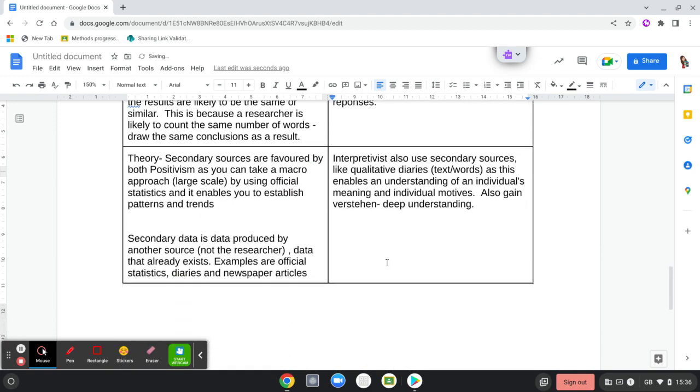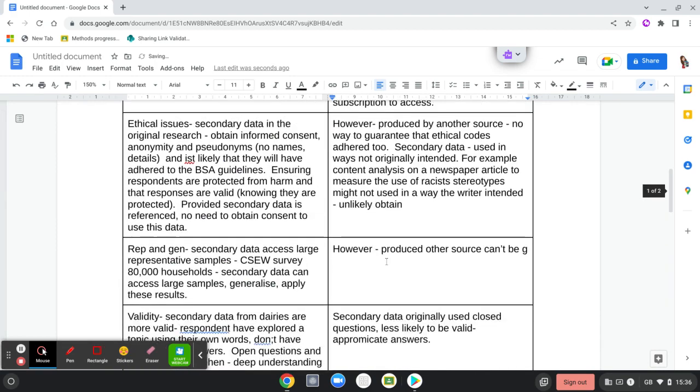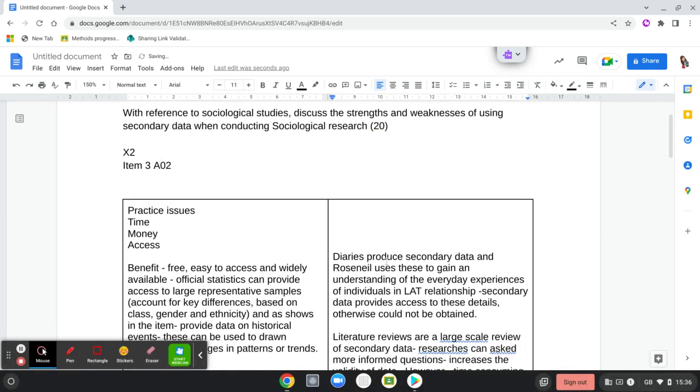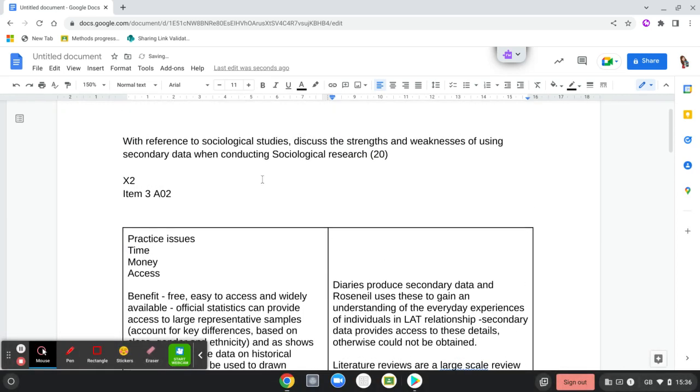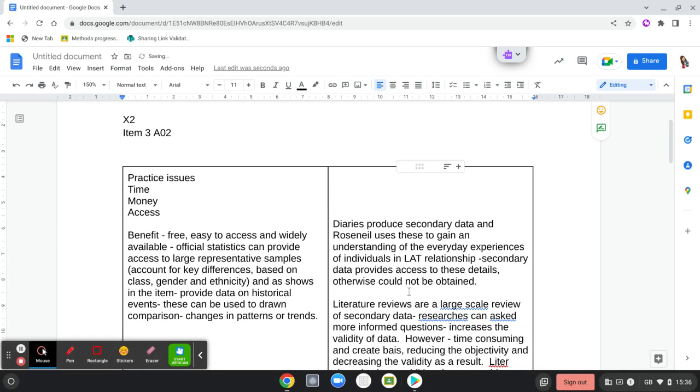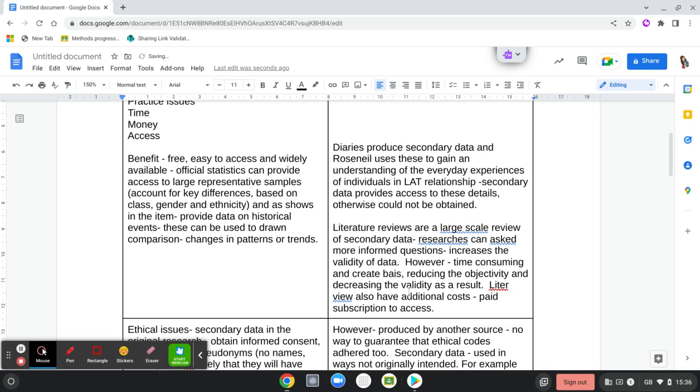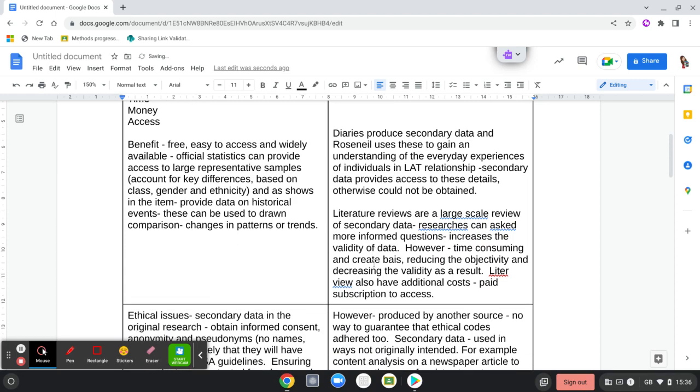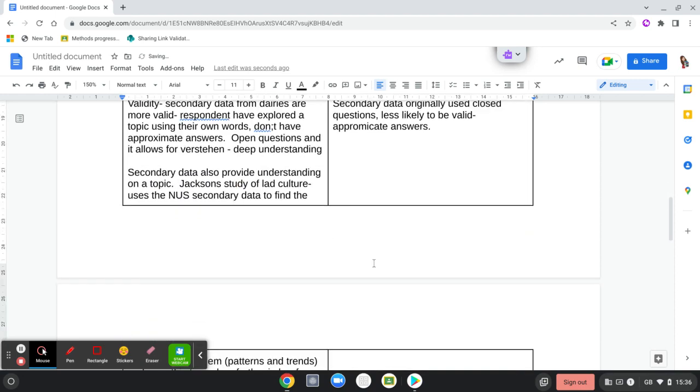Just to give it a little bit of evaluation. It's quite a tricky one. When it's given you secondary sources or secondary data, I keep saying sources, that's why you need to keep checking the question. With secondary data, it's important that you keep coming back to how broad it can be. So see it as both qualitative and quantitative to get the range.